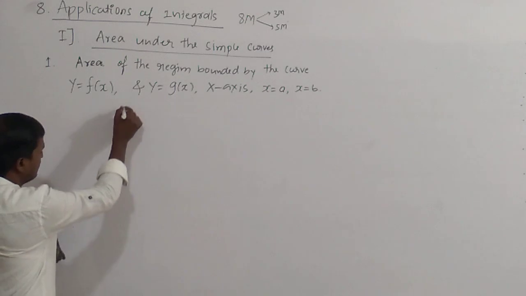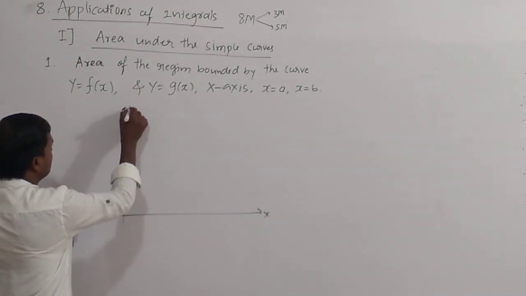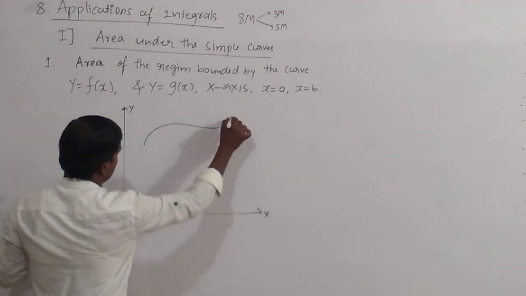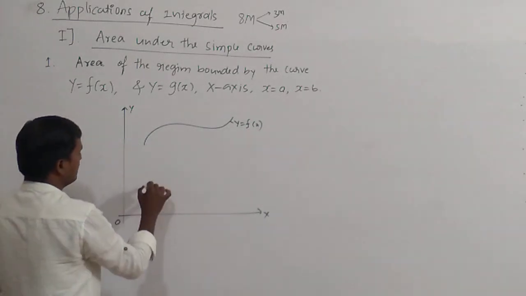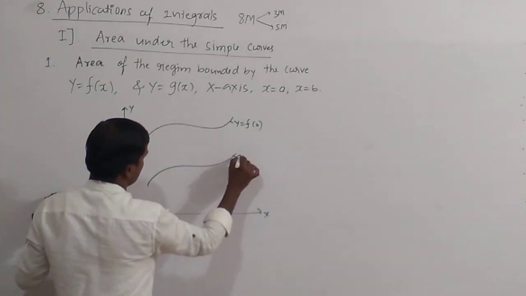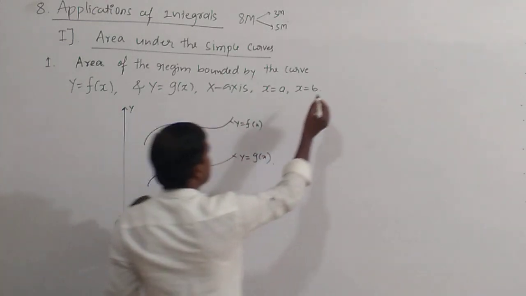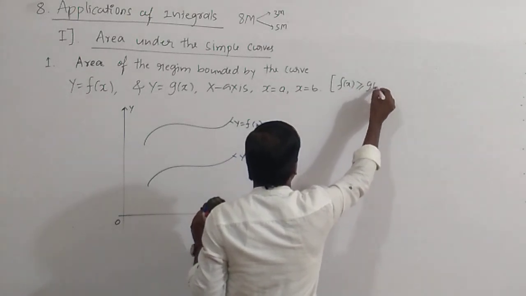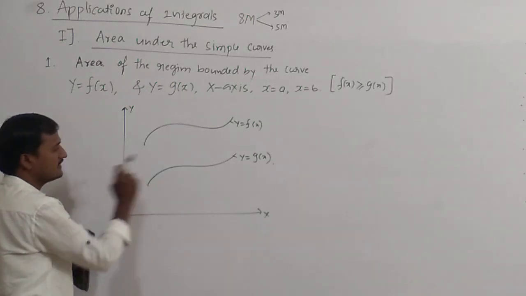So here if it is like this, right? Here is the x axis, here is the y axis, and here is the origin. This is the curve y is equal to f of x, and I will take one more curve, that is y is equal to g of x. In this case f of x should be greater than or equal to g of x, so this curve is above this curve.